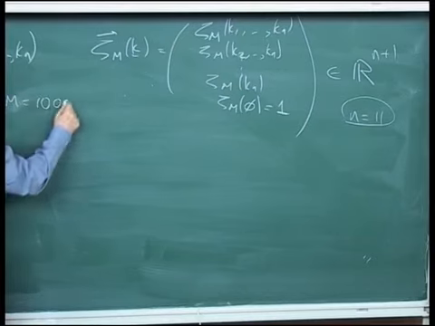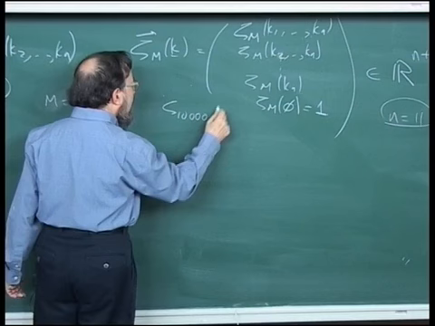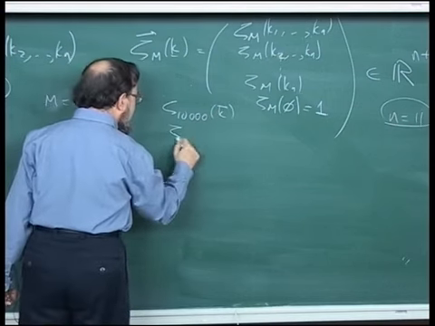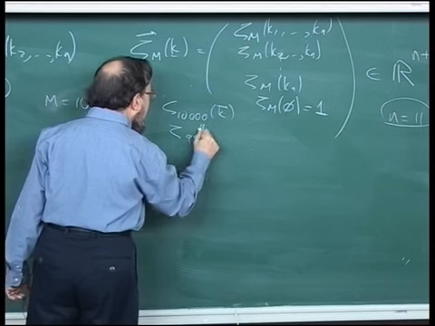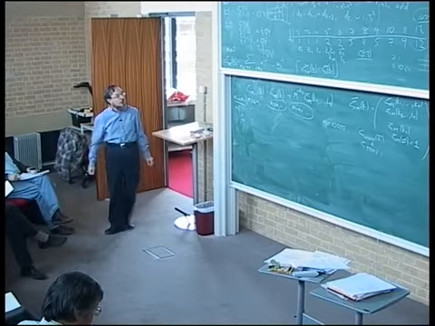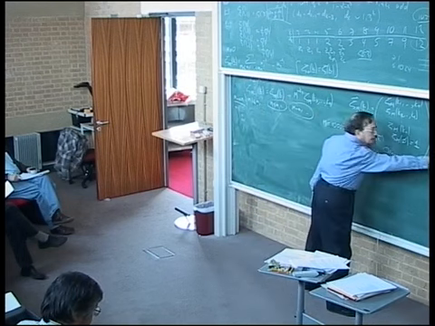So m is 10,000. And I compute zeta 10,000 of my index, which is an index of length n, and then I get zeta 9999 by this recursion. And you see the recursion, for each thing, you just have to do one multiplication by m to the k and one summation. So it's O of 1 steps. So this whole thing is O of n steps. So in our case, there are 12 steps.